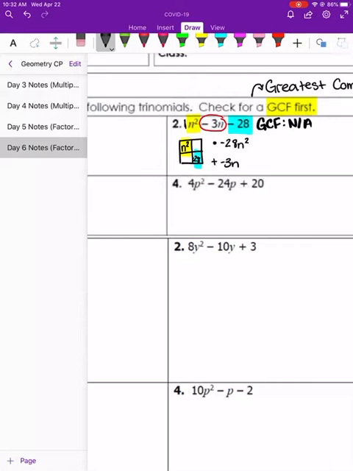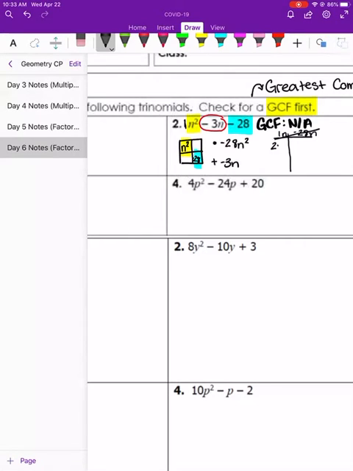Okay? So I'm going to start going through. I can create a little chart over here. So I know that one of these has to be negative because I have a negative 28. So if I did 1n and negative 28n, well, 1n plus negative 28n doesn't add to negative 3n. So let's go to the next one.